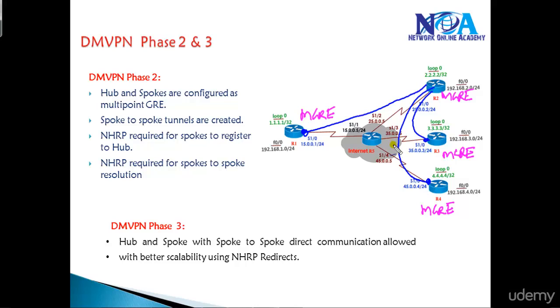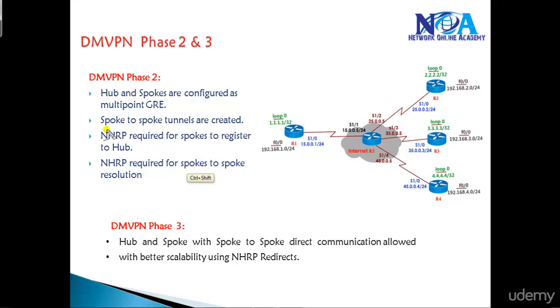Similarly, since we're using multi-point GRE everywhere, we can have a tunnel from router 1 to router 2, router 1 to router 3, and router 1 to router 4. Like that, a full mesh of dynamic tunnels can be established between each and every spoke, spoke to spoke as well as spoke to hub. So it allows spoke-to-spoke tunnels to be created.